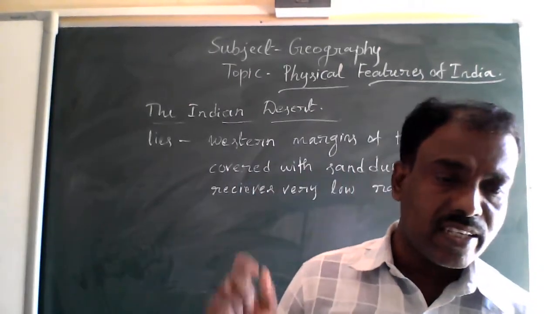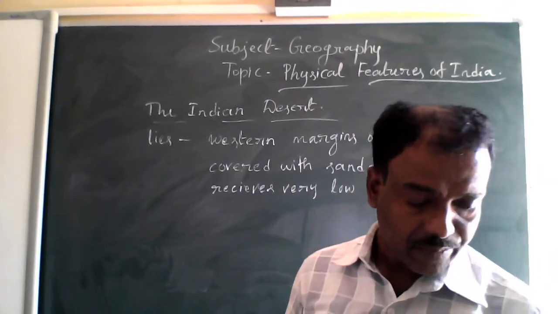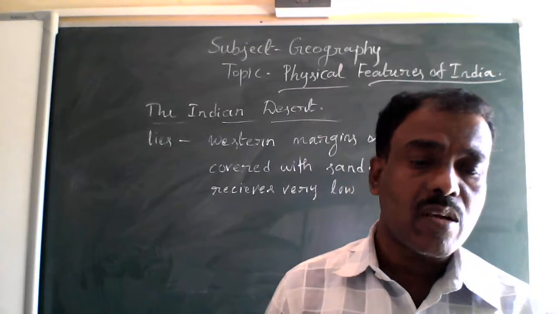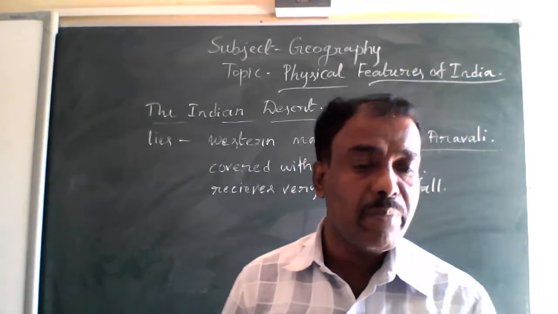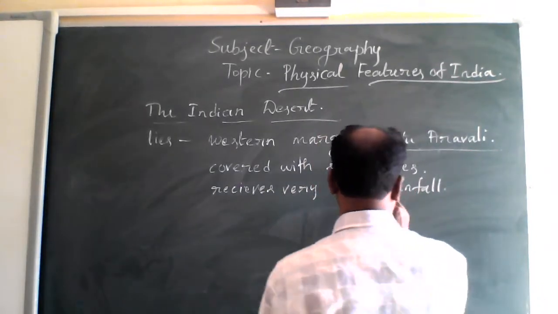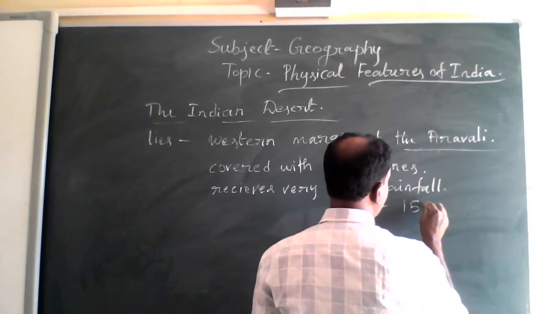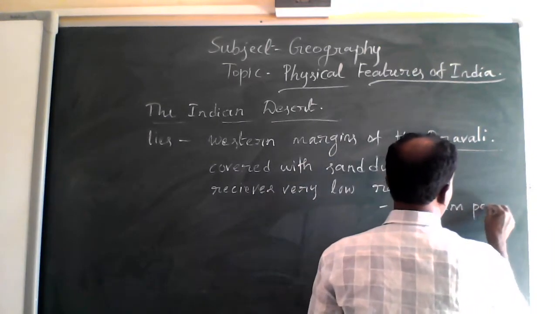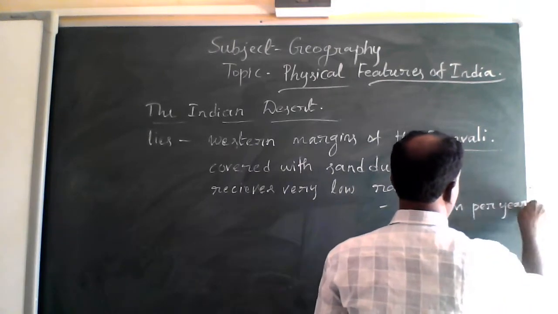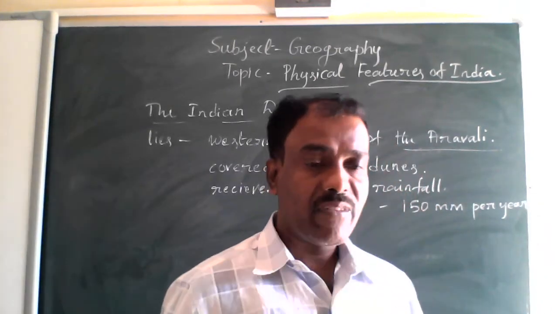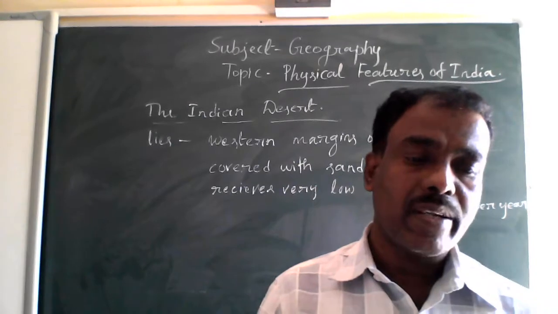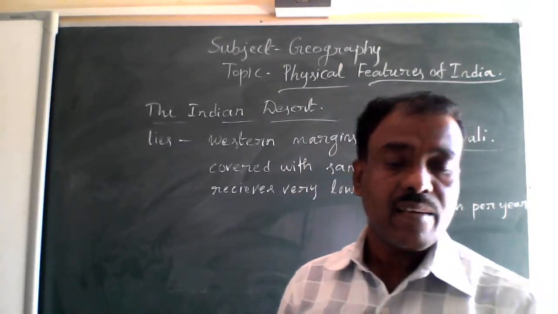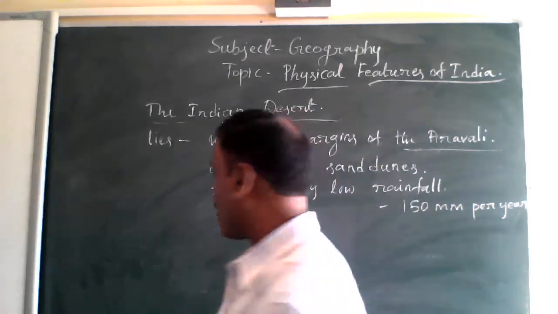So the Indian desert receives very low rainfall, about 150 millimeter per year. It has an arid climate with low vegetation cover.